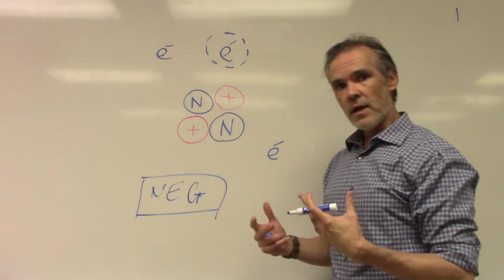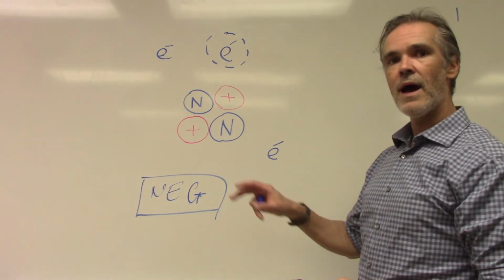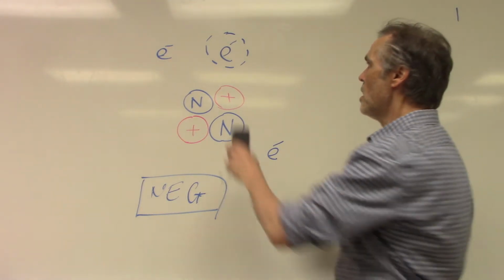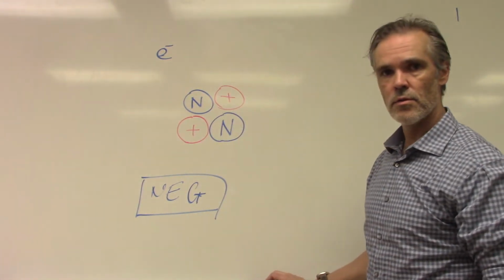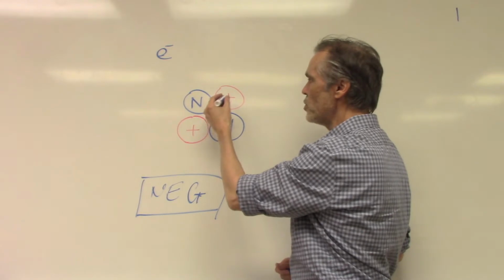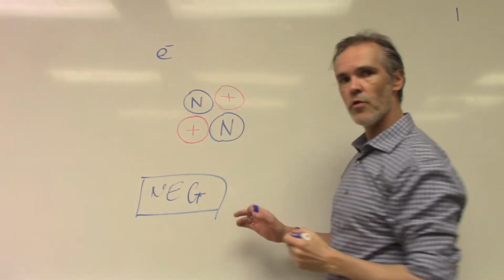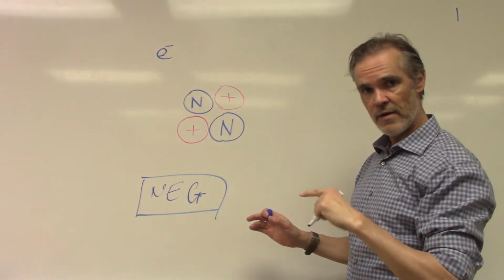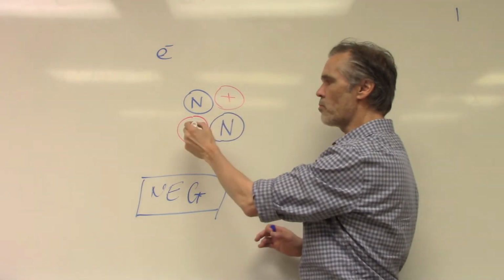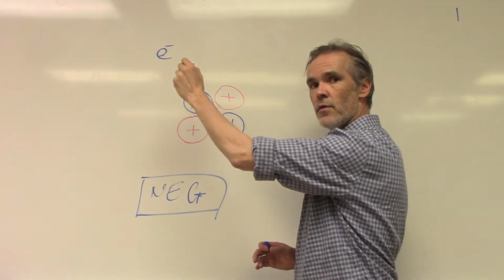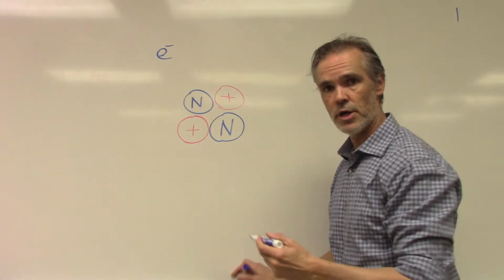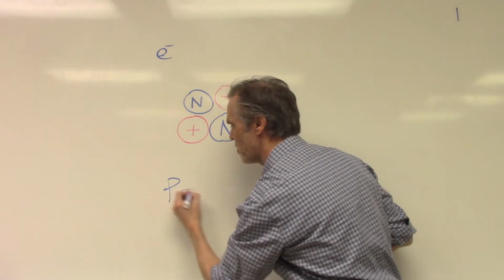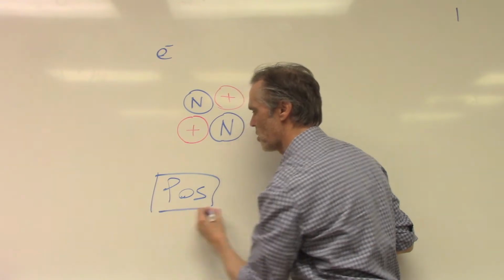In the other case, if we have this atom that loses one of its electrons, right? We're no longer in neutral zone here. What we have now is one more proton than we have electrons. And in that case, we would not be in negative territory, but we would be positive in this case. Okay?